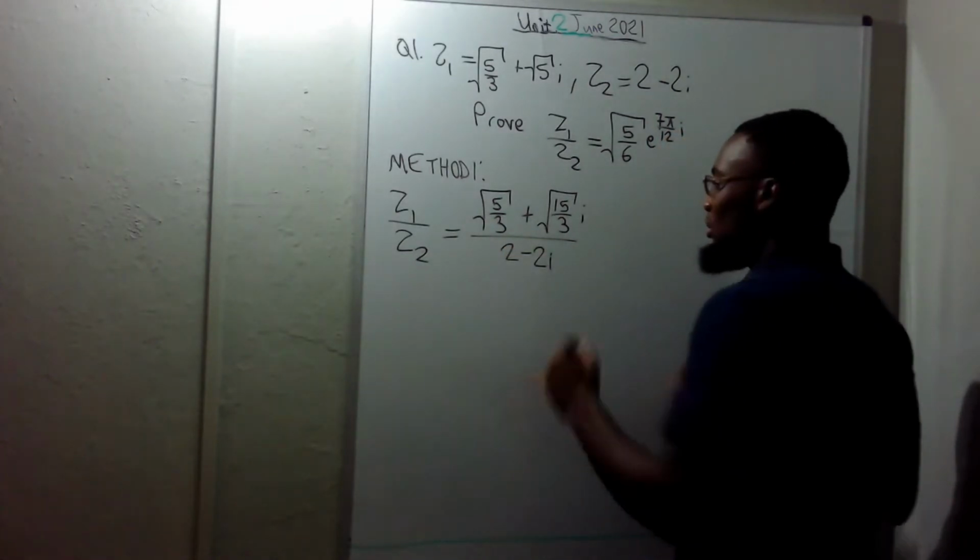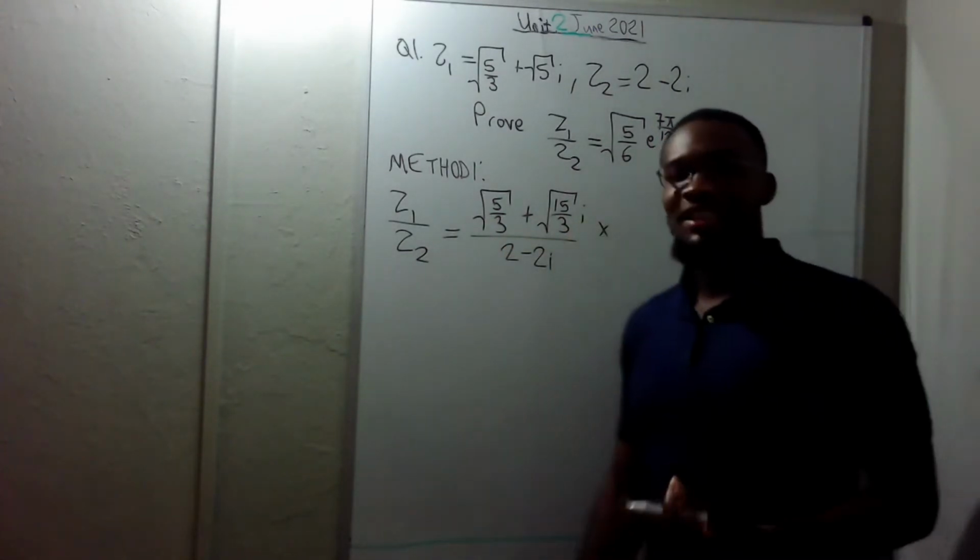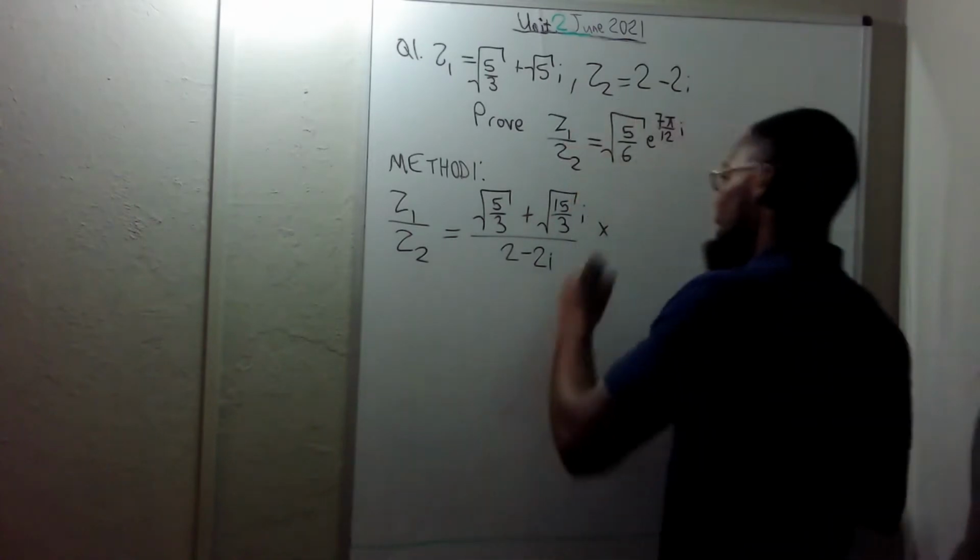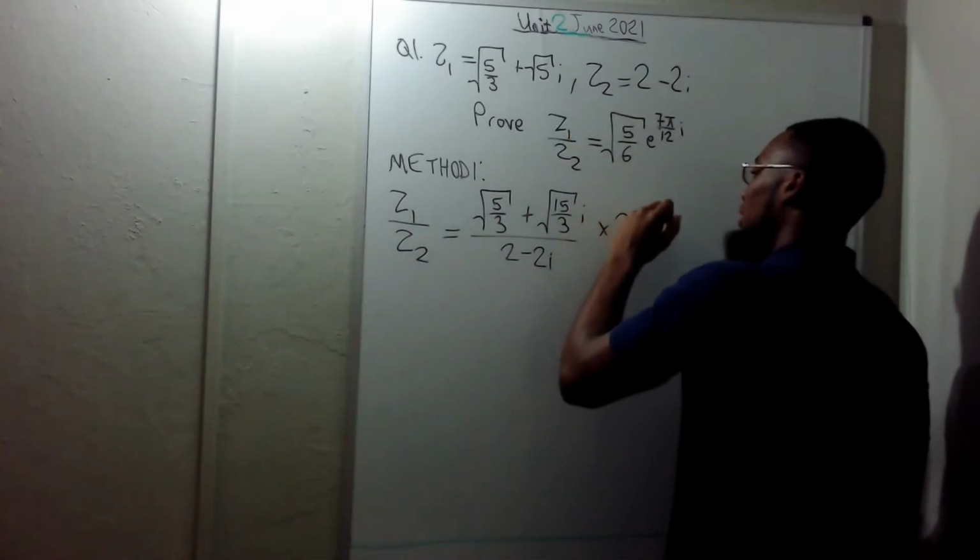Of course, we multiply by the conjugate, which is 2 plus 2i.